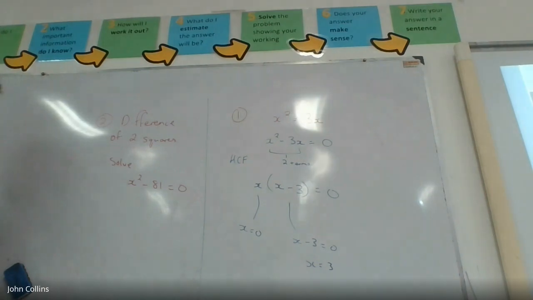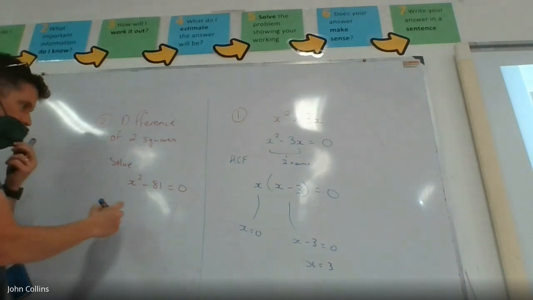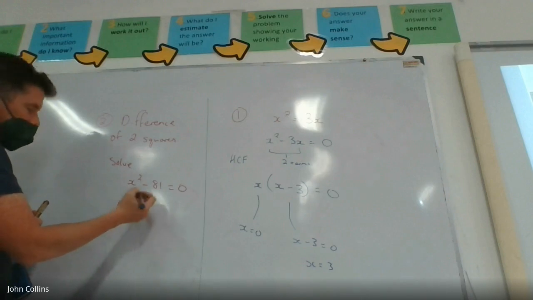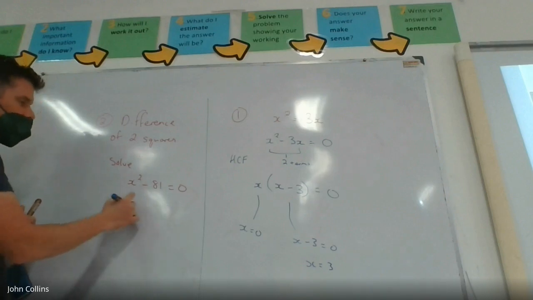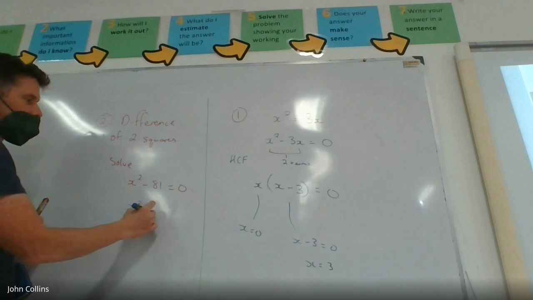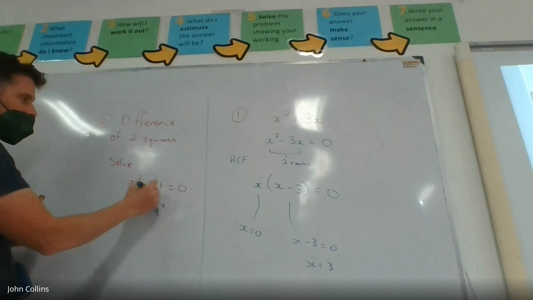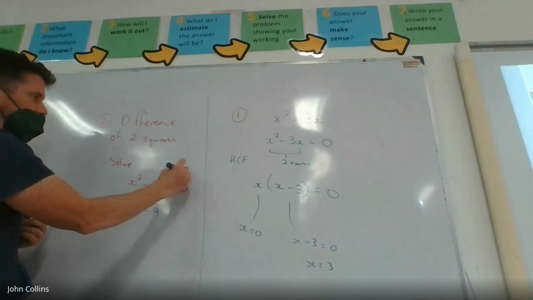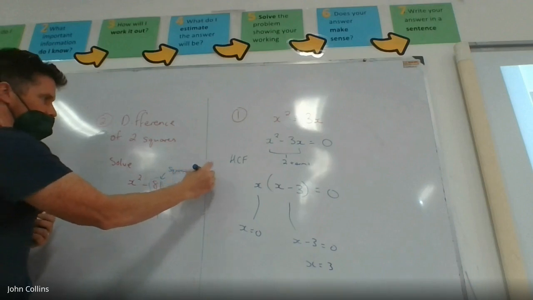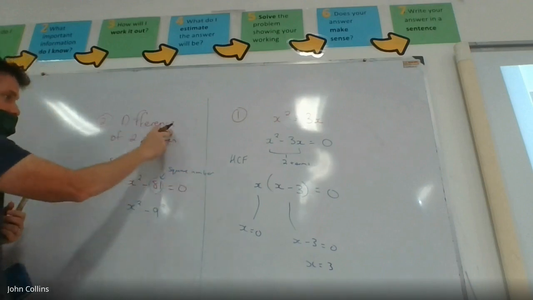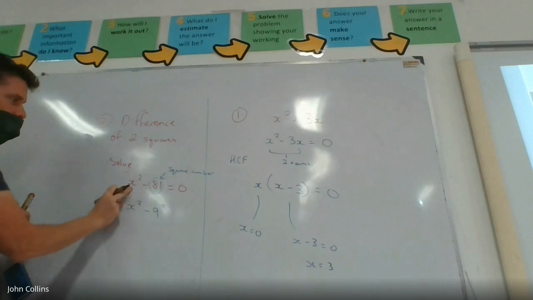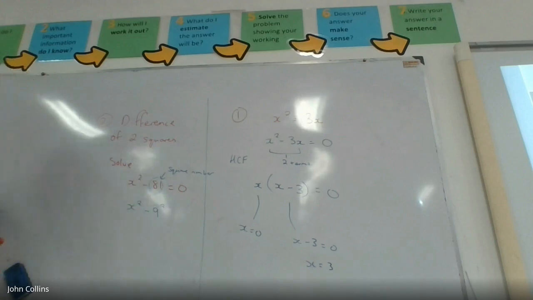That is an answer, yes. If you notice that this term is a square number, and it's minus, that's why it's the difference of two squares. That's a square, and that's also a square number.